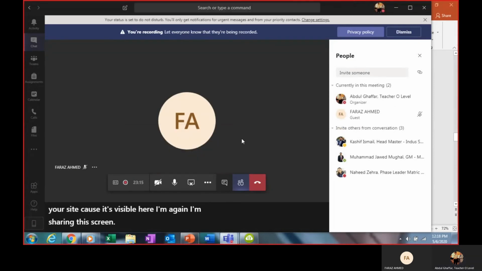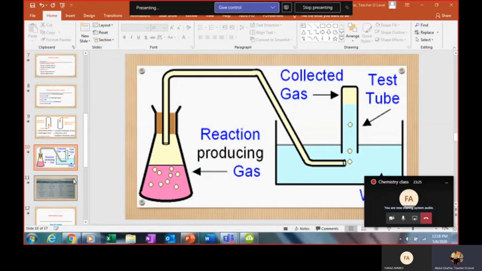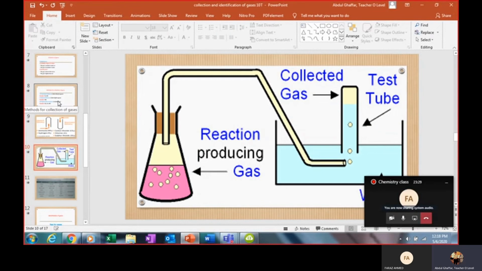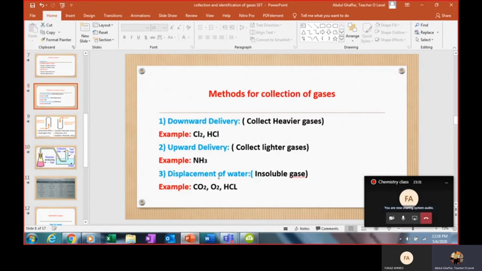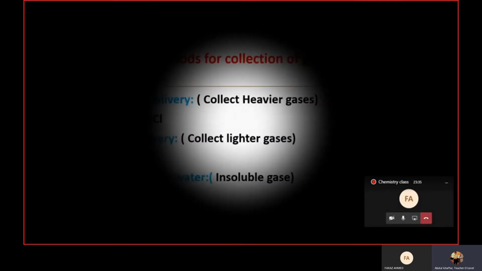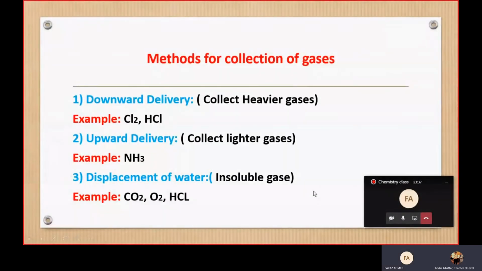Wait. Is the screen visible right now, Faraz? No, sir. Not visible. Now, methods for collection of gases.